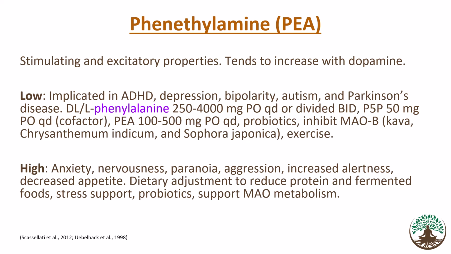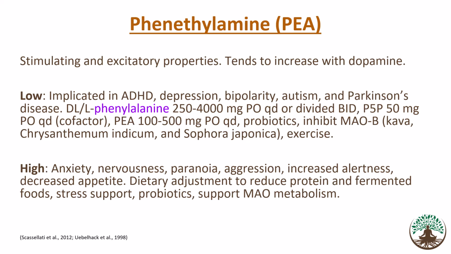When the PEA is low, consider providing phenylalanine, P5P, PEA, probiotics, inhibiting MAO-B, and exercise. Note that phenylalanine requires conversion into PEA, and it may be more effective to recommend PEA directly.